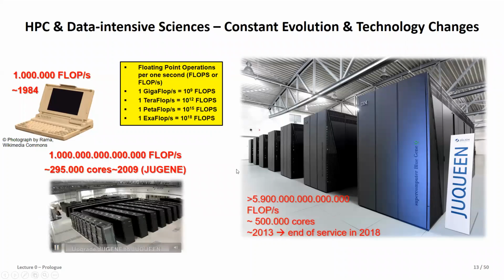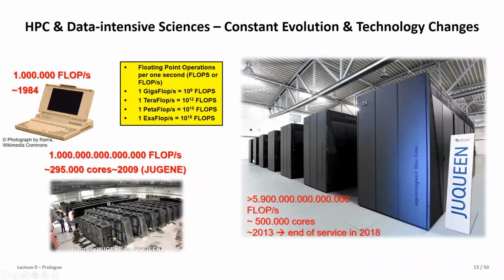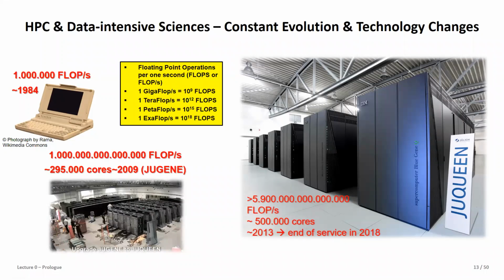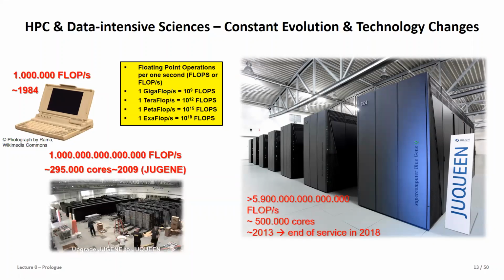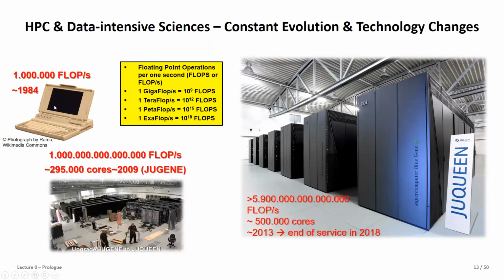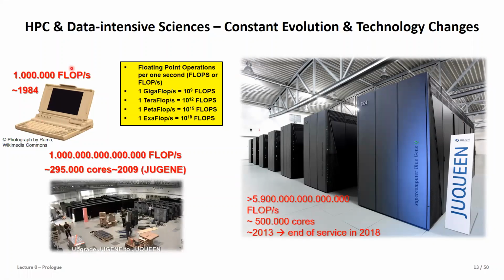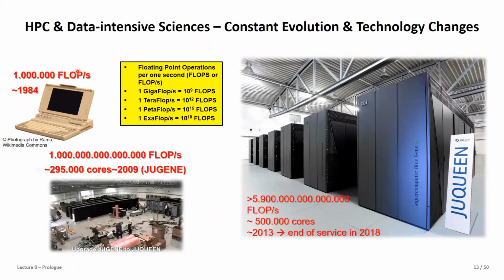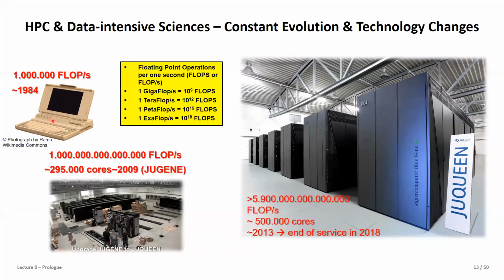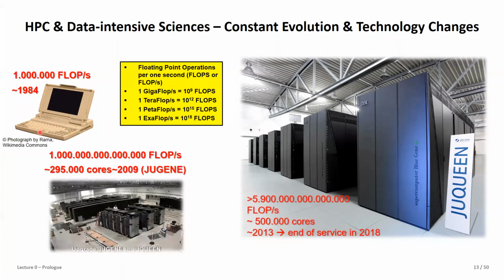Here you see different examples of why that is interesting. We have constant evolution in this field. Technology changes, technologies disappear, and that's why I brought this slide into the game. You would see that in the 80s, 1 million flops, so floating point operations per second, would be considered a supercomputer. This is how you benchmark these systems.